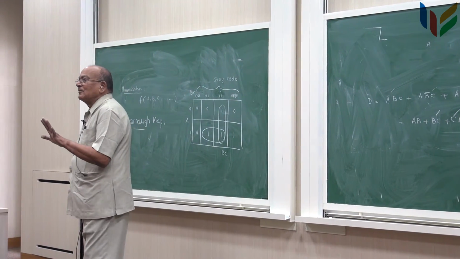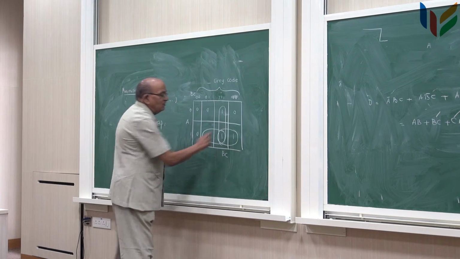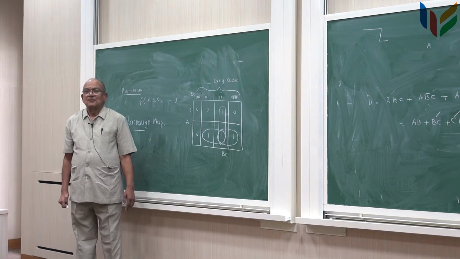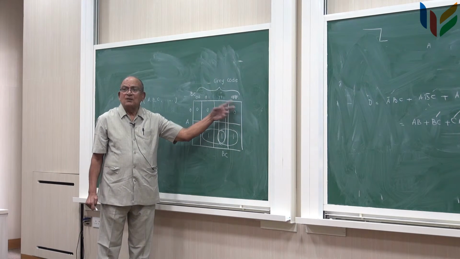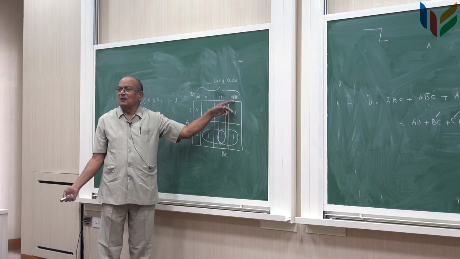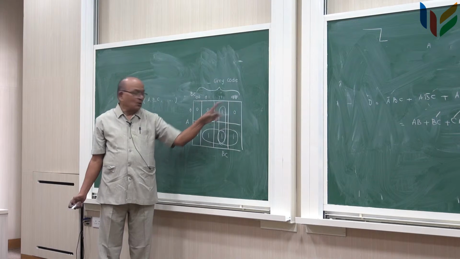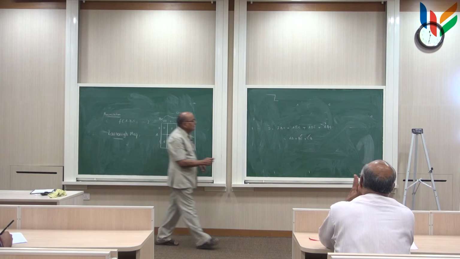Are you with me? And there is another combination here, 1, 1. What is the change, 1, 0? This C is a 1 and a 0, so it is irrelevant. So, what we are left with is A and B, that is this term.